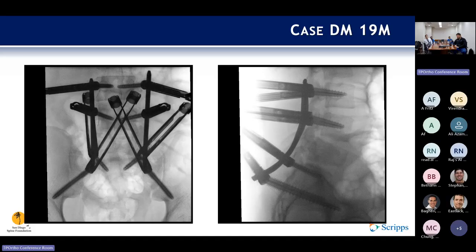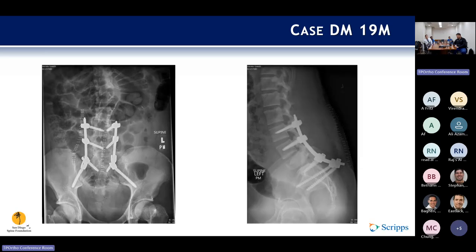And these are radiographs or fluoros intraoperatively. Flat plates post-op that demonstrate restored lordosis and safe instrumentation regarding his L3 to pelvis percutaneous instrumentation.